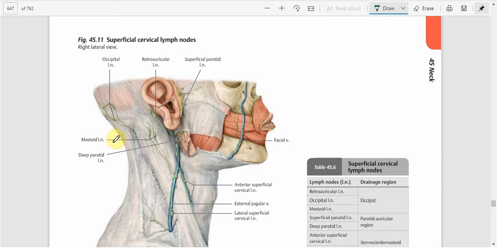Don't believe me? Feel it. Behind your auricle, behind your pinna, you can feel a bony prominence. This is the mastoid process of the temporal bone. So we have considered 3 out of 6 superficial lymph nodes of the head and neck region.